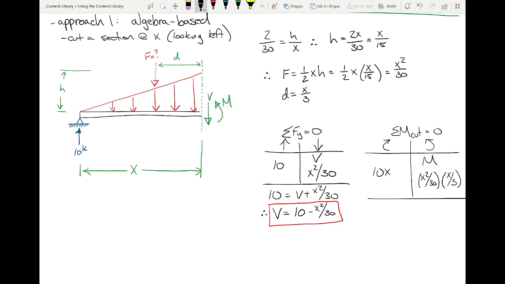So 10x equals M plus x squared over 30 times x over 3, x cubed over 90. Is that fair?